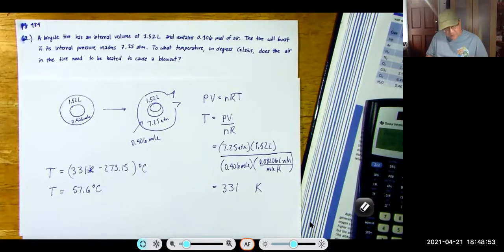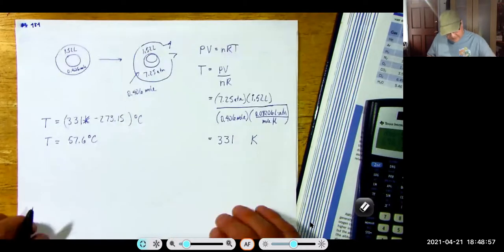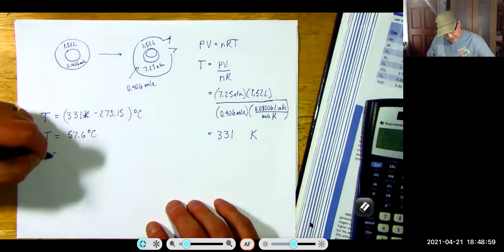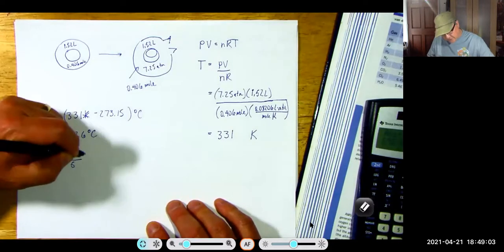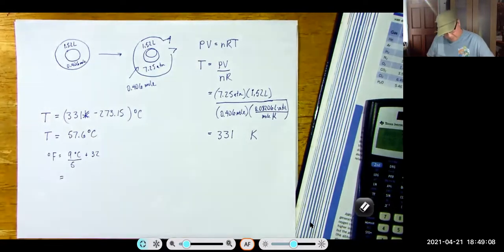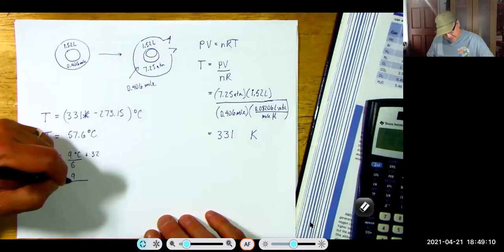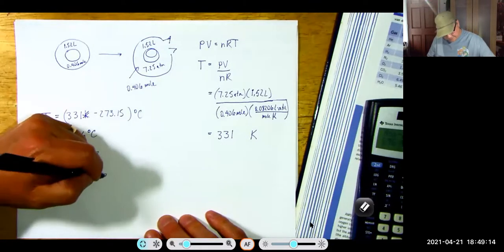What is this temperature in Fahrenheit? Do you guys remember the formula for Fahrenheit? Isn't it that degrees Fahrenheit is 9/5 degrees Celsius plus 32? So let's figure out what this is in Fahrenheit. We've got 9/5 times 57.6 plus 32.